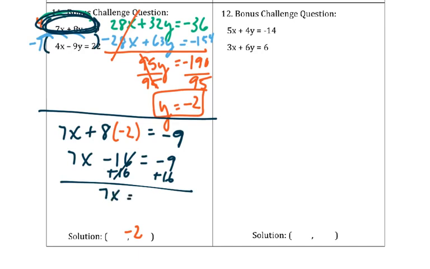Is that right? 7x, negative 9 plus 16, yeah, it's 7, sorry. Get x by itself by dividing by 7. So x equals 1. Okay, so if you want to challenge yourself, go ahead and try number 12. Again, only numbers 1 through 8 are the actual assignment, and numbers 9 through 12 are extra credit if you want to try these here.